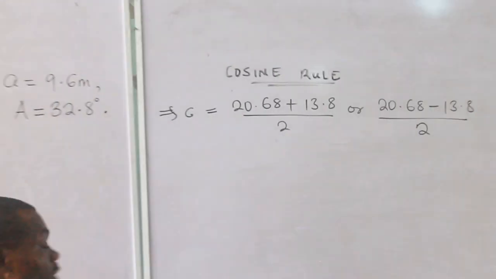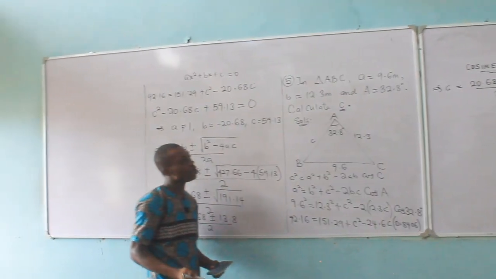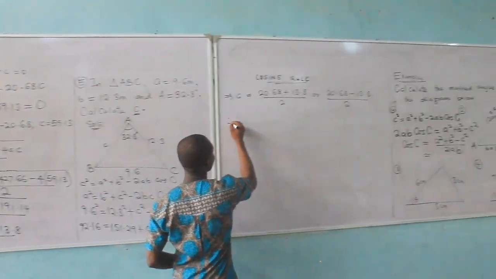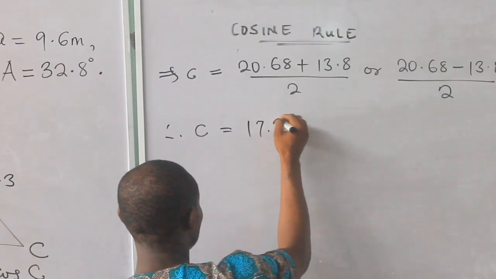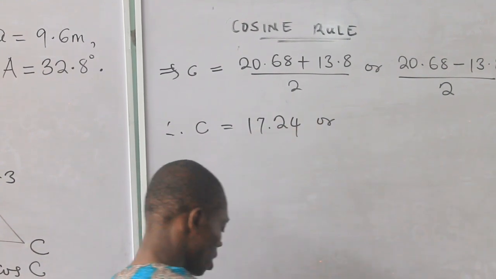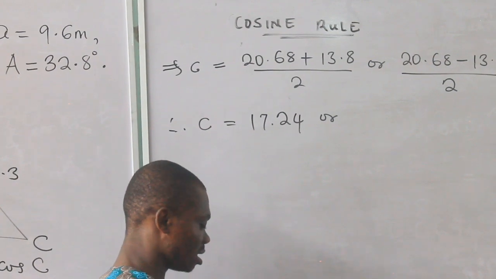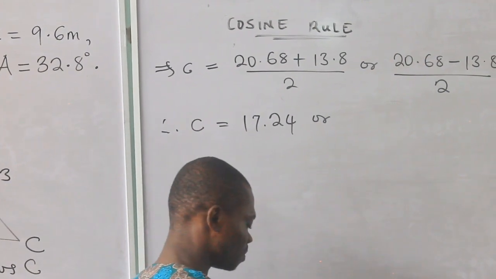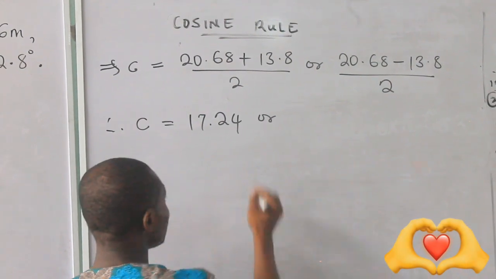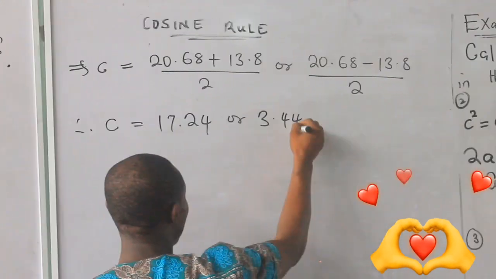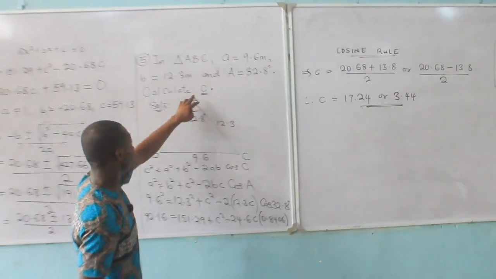Okay, so remember that the two answers are coming because of the plus or minus. All right, so let's quickly look at that. So that means our C is equal to 17.24, or if we have the other, 20.68 minus 13.8, divided by 2, that's going to give us 3.44, and that is the solution for the C that is required.